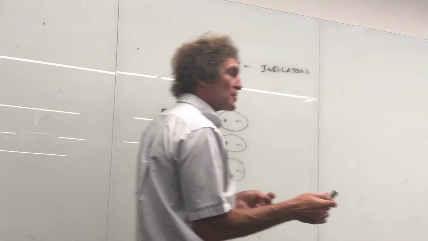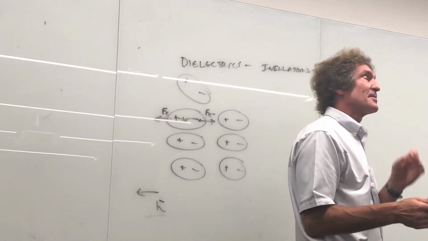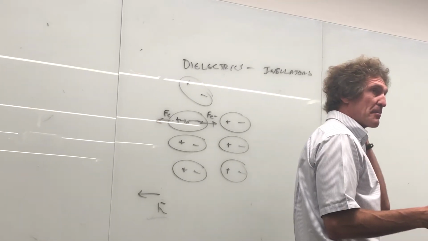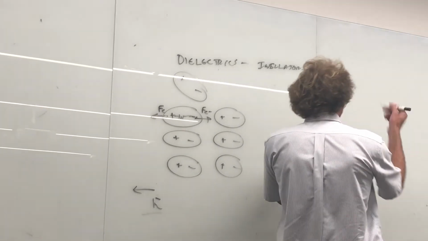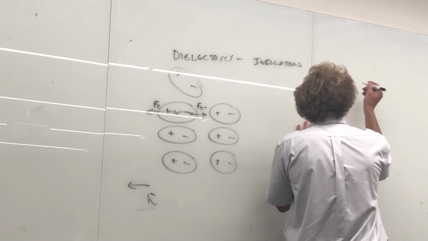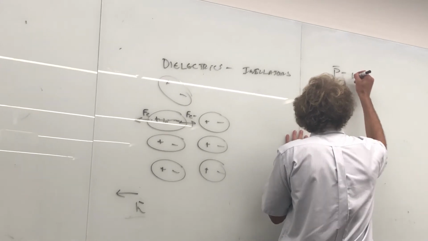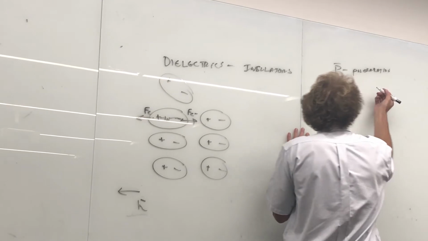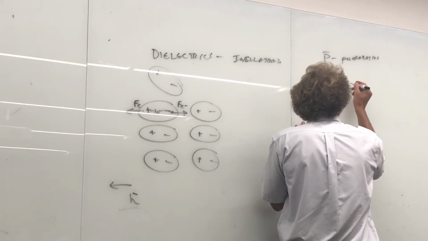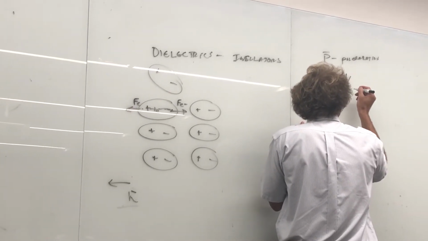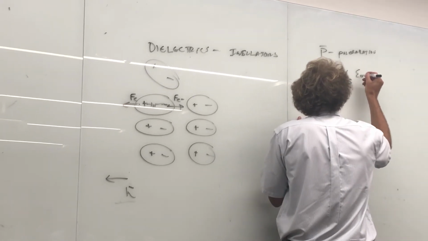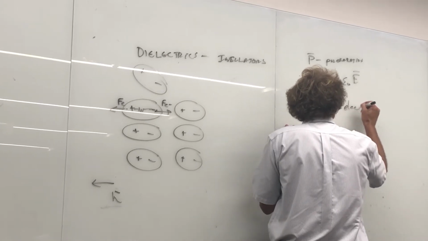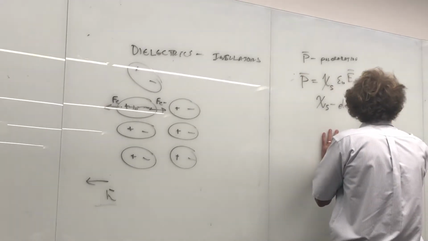And that's where they use the term electric... there's two terms actually. There's a dielectric constant and the electric susceptibility. So first, polarization. They use the term polarization, capital P. And P is given as simply the electric susceptibility times epsilon naught times E. And this is the electric susceptibility.